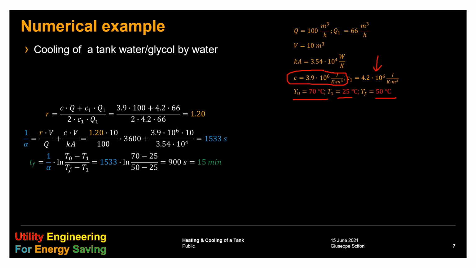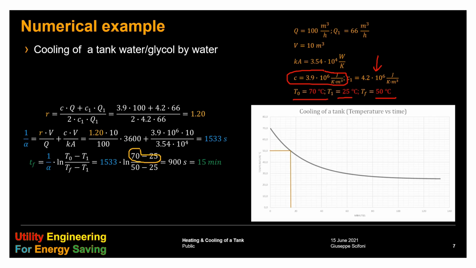Finally, the cooling time is a product of that value times the logarithm of the ratio between T0 minus T1, so 70 minus 25, and Tf minus T1, 50 minus 25. That is 900 seconds, 15 minutes. And here we have a nice chart.